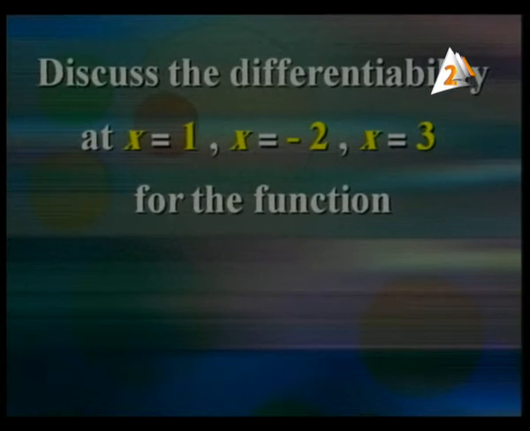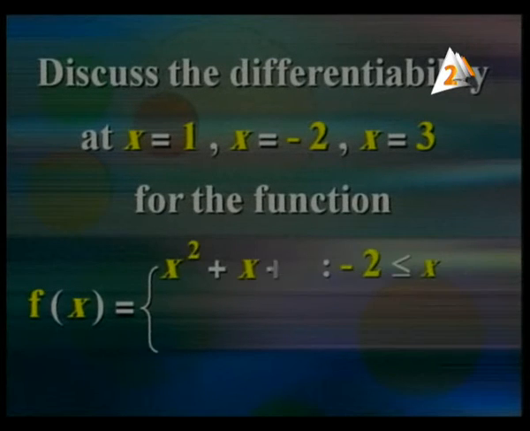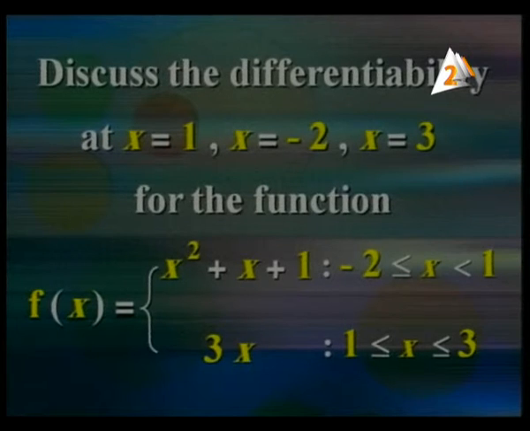Another example. Discuss differentiability at x equals 1, x equals negative 2, x equals 3 for the function f of x equals x² plus x plus 1 when x is more than or equal to negative 2 and smaller than 1, and 3x when x is more than or equal to 1 and smaller than or equal to 3.